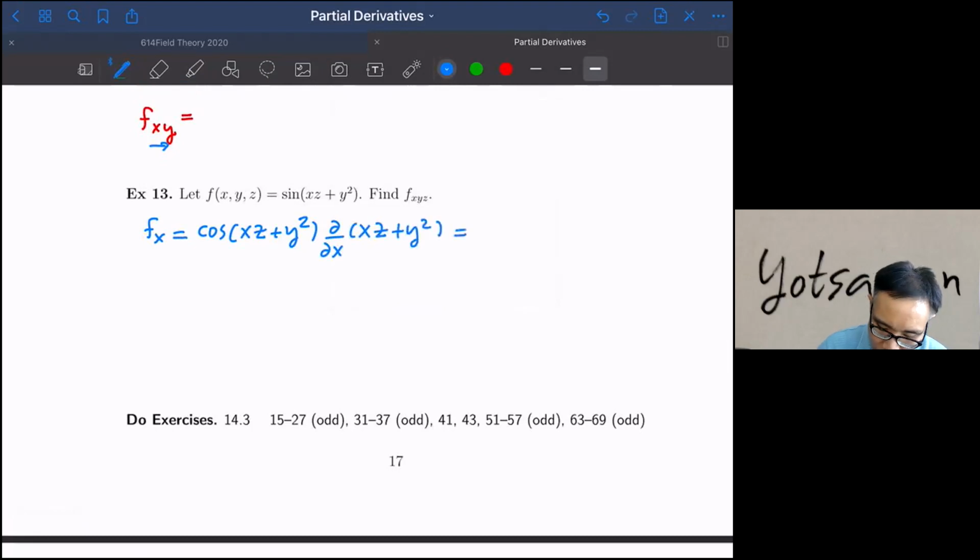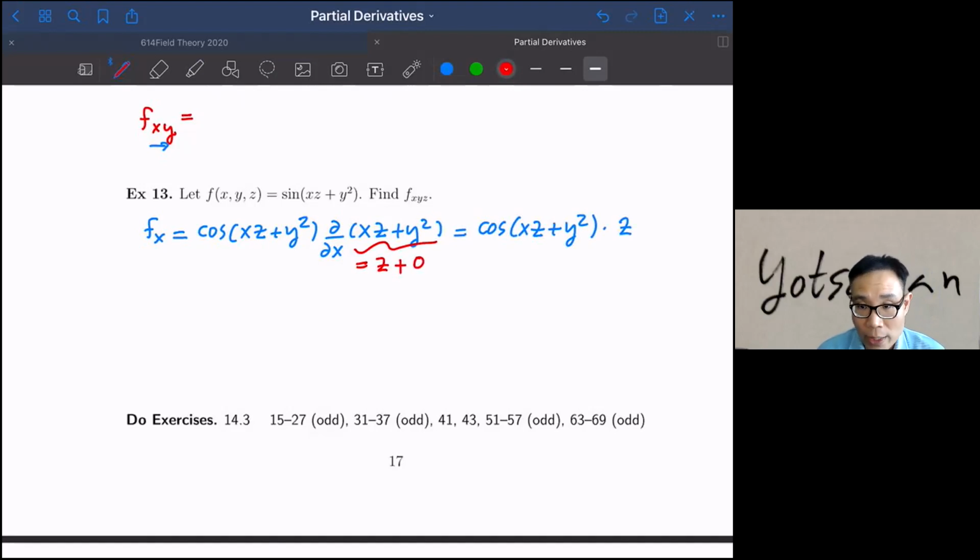So this gives me cos(xz plus y squared) times z, because the derivative of the inside is z plus 0. So it's just cos(xz plus y squared) times z.